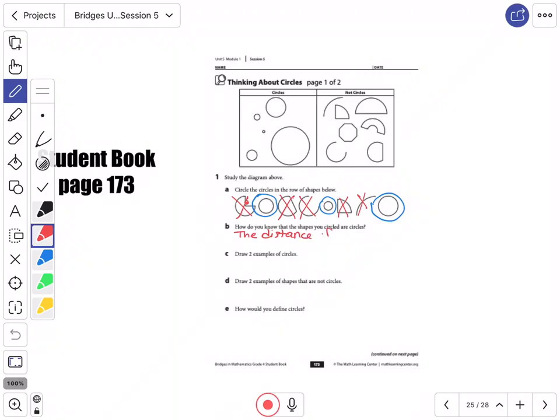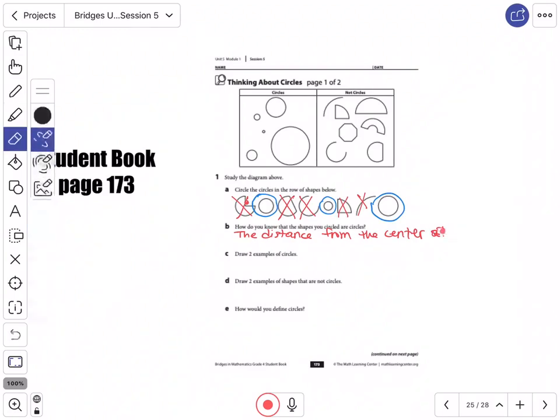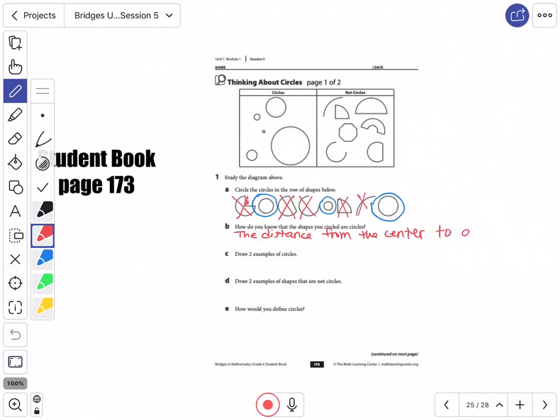Now, how do you know that the shapes that you circled are circles? Well, our responses could vary a little bit, but what we really want to say is that the distance from the center to any point on the circumference is equal. I should say 2, sorry.